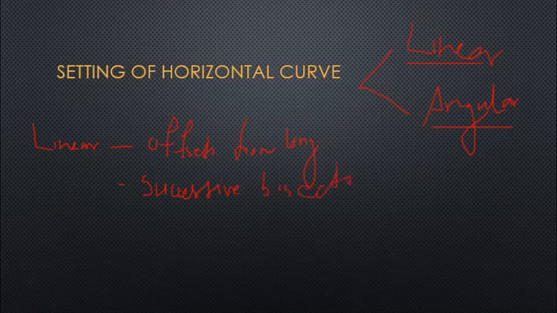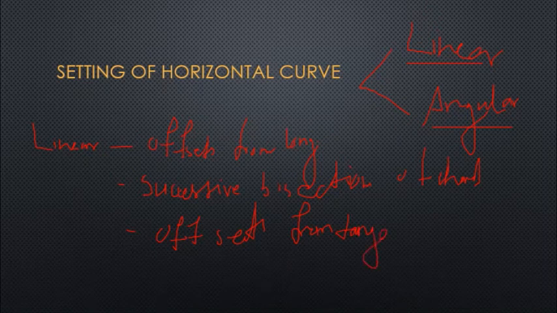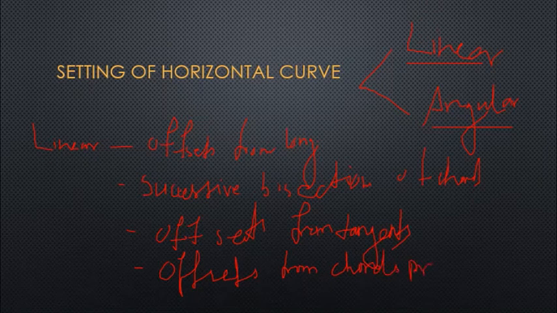The third one is offsets from the tangents. And the fourth one is offsets from the chords produced. So these are the four linear methods for the setting out of a simple circular curve.